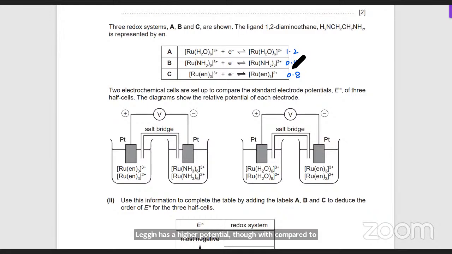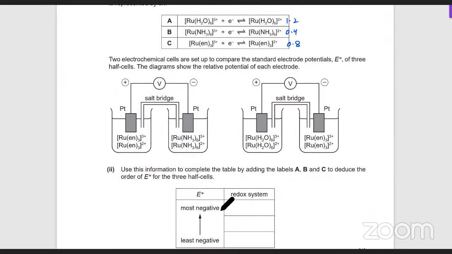ठीक है, I just gave them hypothetical numbers. अच्छा, ये हमें order पता लग गया. ठीक है, so now he's saying कि figure out the most negative one, the lowest one, वो आपका B है.